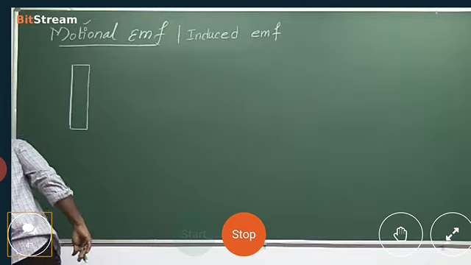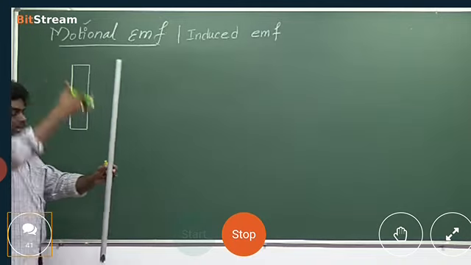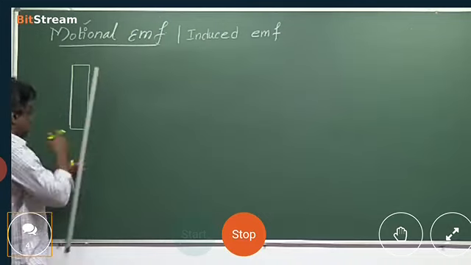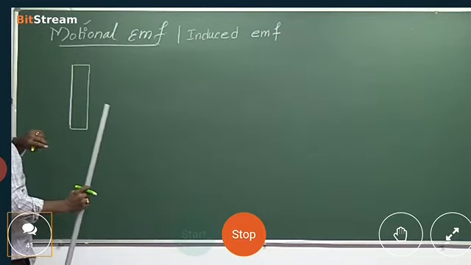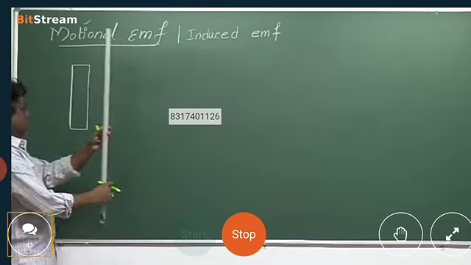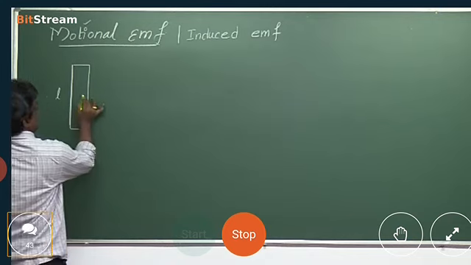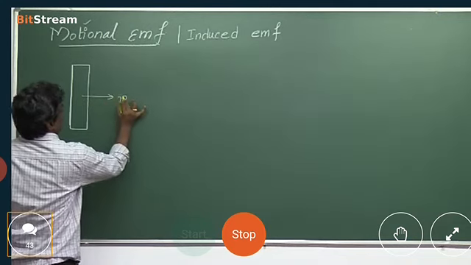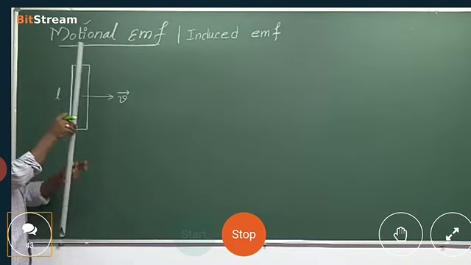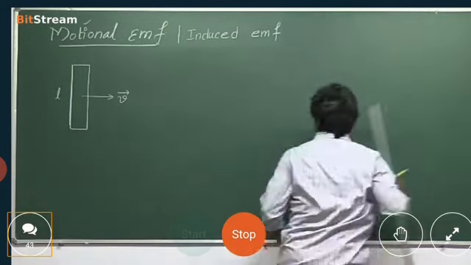Let us suppose this is the rod, a conductor of length L. This is a conductor of length L, which is moving with a velocity like this. So this is the rod of length L. It's moving like this.